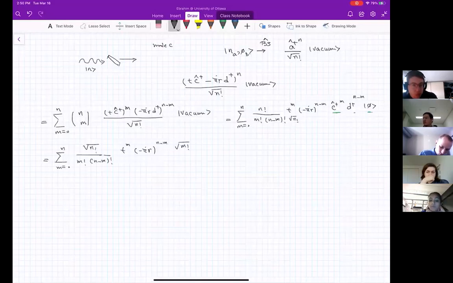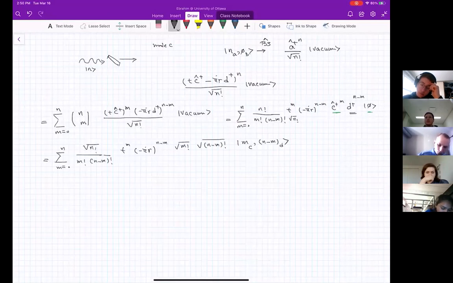And the action of D dagger to the power of n minus m on vacuum will give square root of n minus m factorial. And each of them creates m photons in mode C and n minus m photons in mode D. Okay, so it is not a surprise, because the sum of the number of photons should be equal to n.